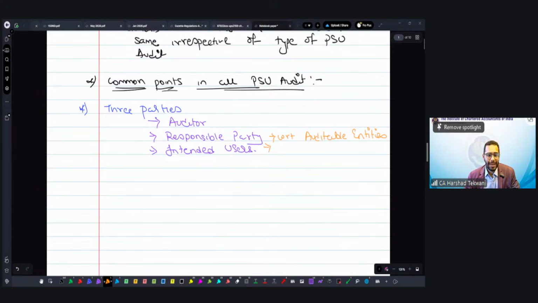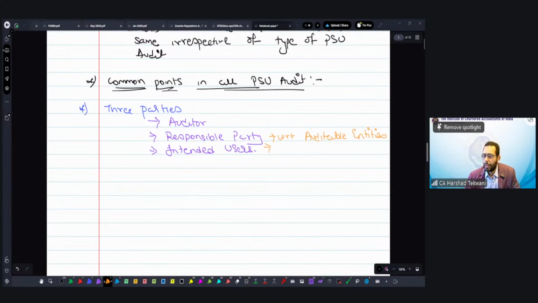Anyone else? Very important part, because this is where we need to understand the third aspect, for whom the audit is being performed. Now, Government of India, Parliament.